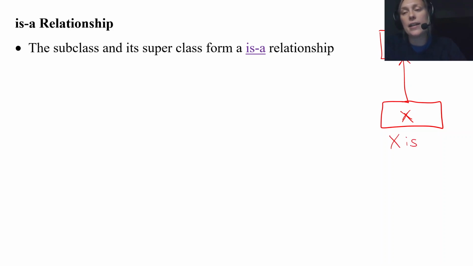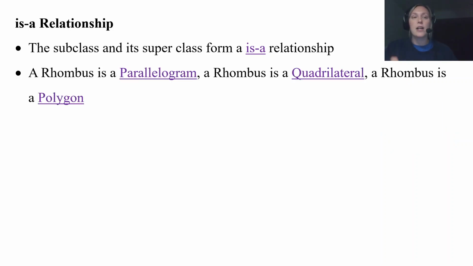And I say X is a Y. Okay? Meaning that X is a Y, but it also adds some of its own unique properties. So if you look back at our shape inheritance, a rhombus is a parallelogram, a rhombus is a quadrilateral, and a rhombus is a polygon.